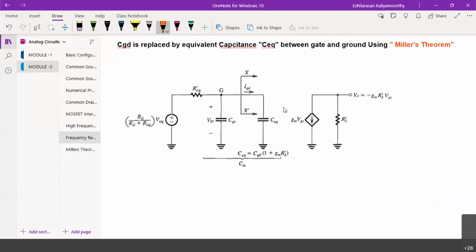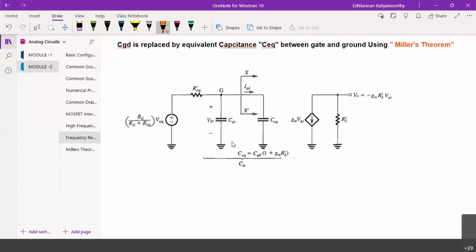I hope you remember from Miller's theorem, C equivalent is equal to CGD into 1 plus AB, where AB is equal to minus gm RL.